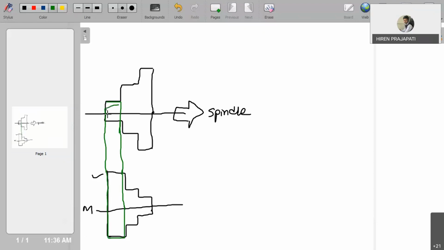So here we have used one belt, and this same belt we are using to achieve three different speeds from this step cone, right? Now generally this pulley is loose fitted on the spindle.